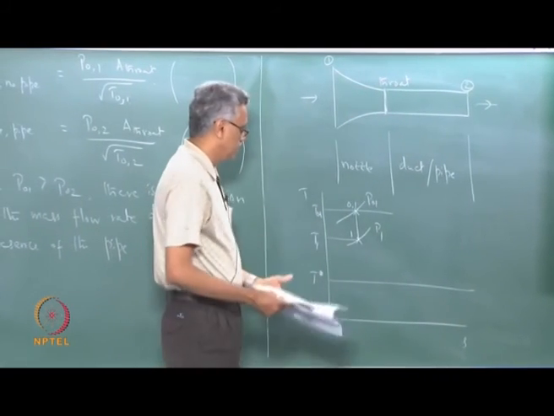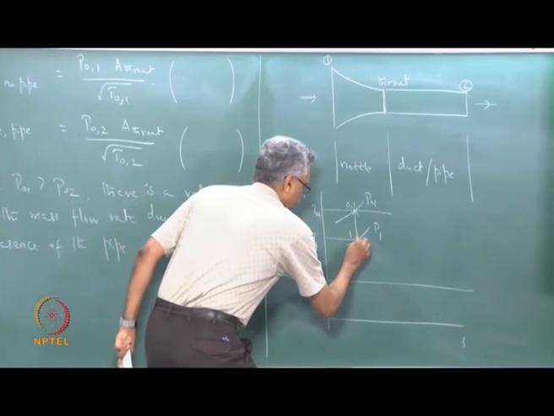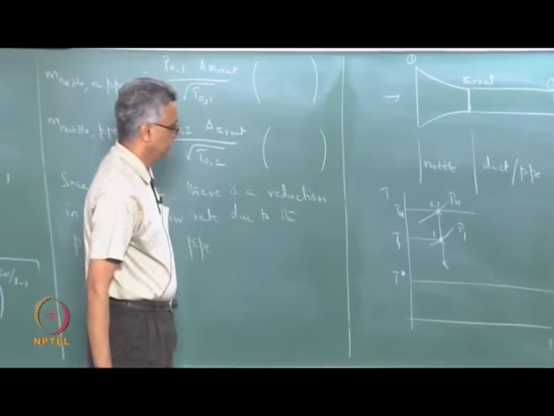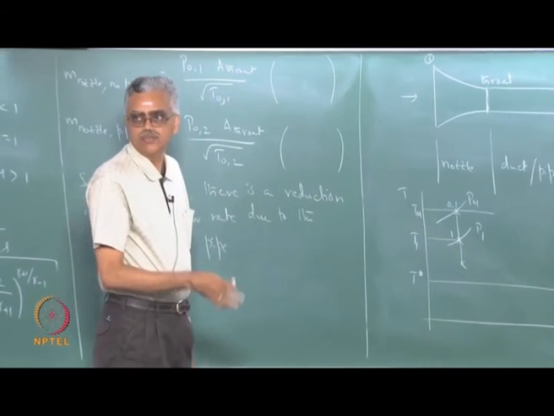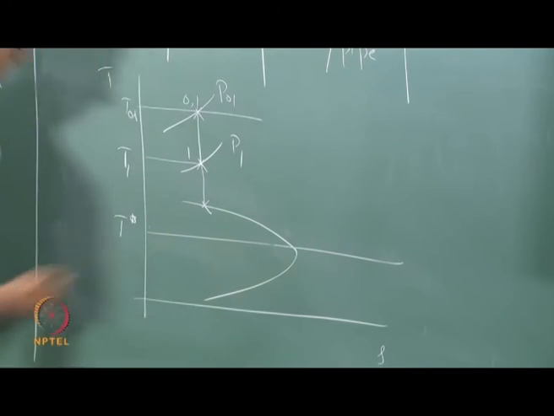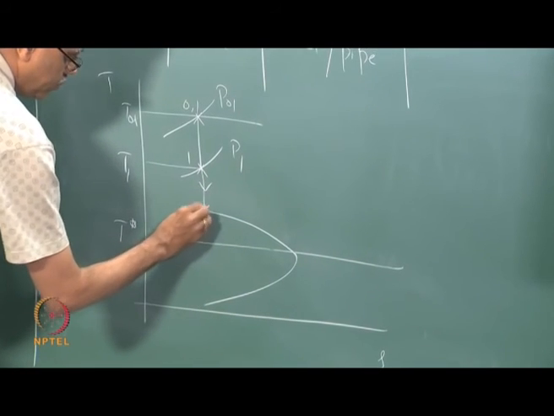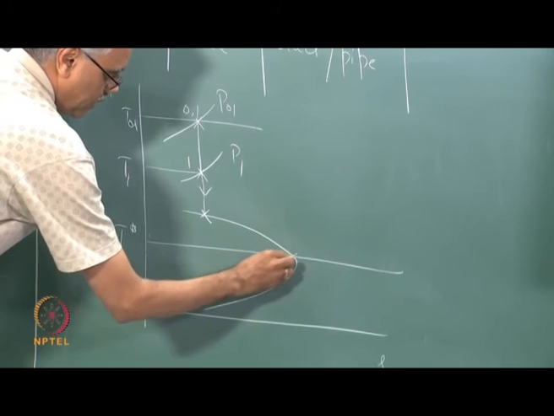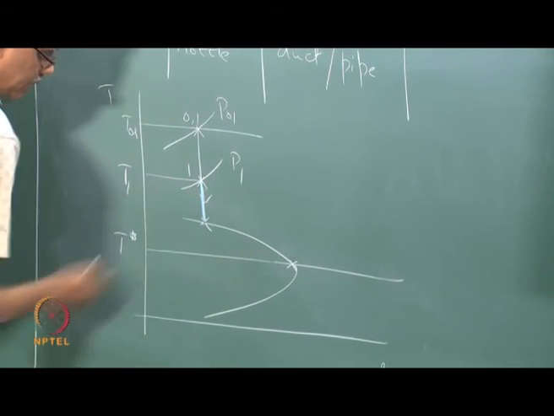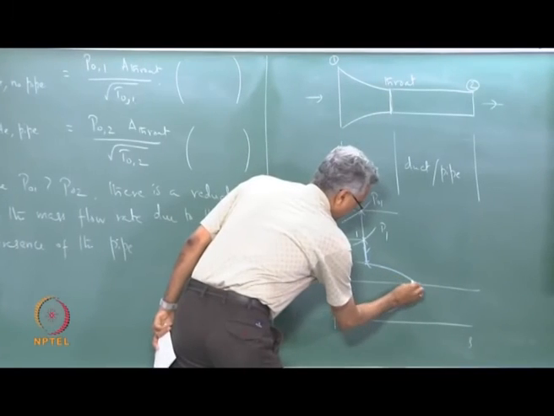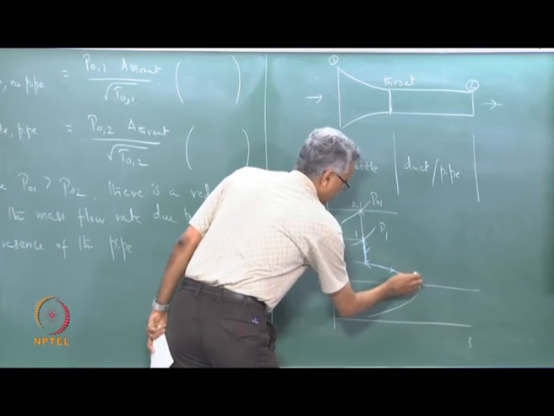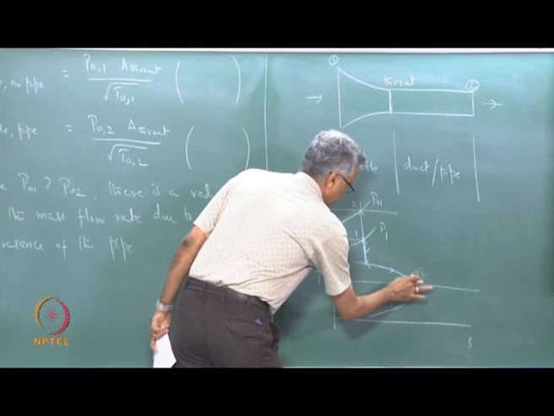Okay. So, which means that the process line follows something like this. So, this is my throat, I come up to here and then I get on to a Fanno curve which looks like this. So, I go from here to here, this is my throat section and then perhaps I go from there to there, right, like this, and this could be state 2 or state 2 could be anywhere else, that is also possible.